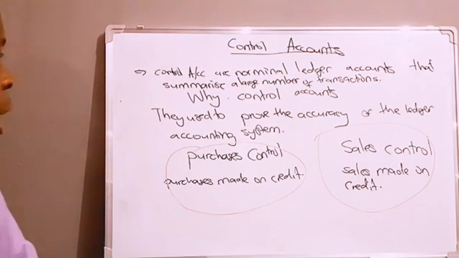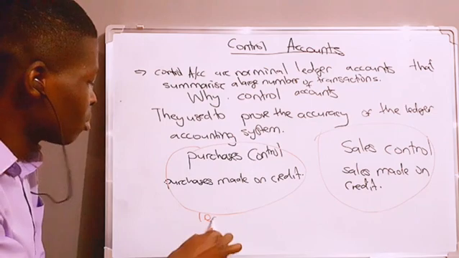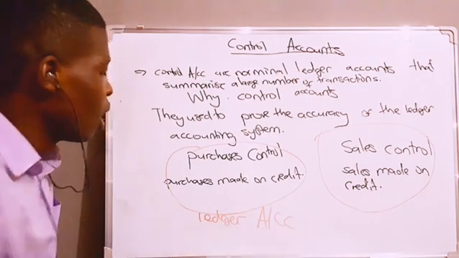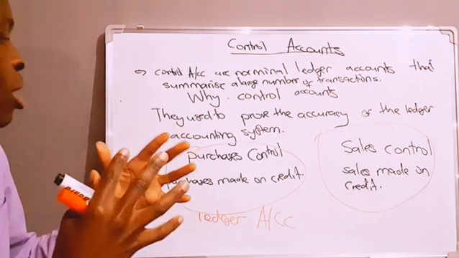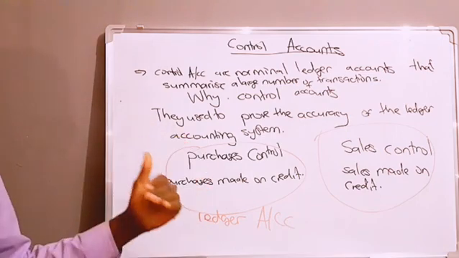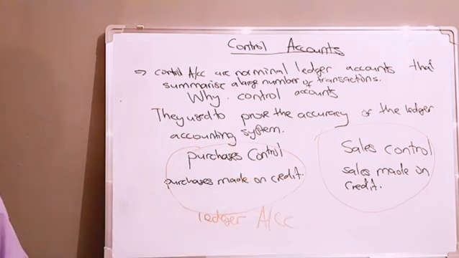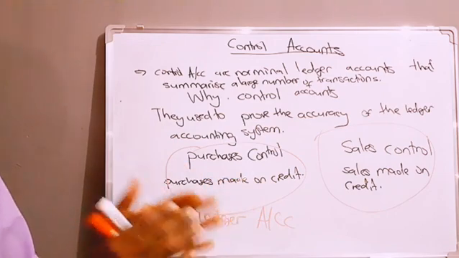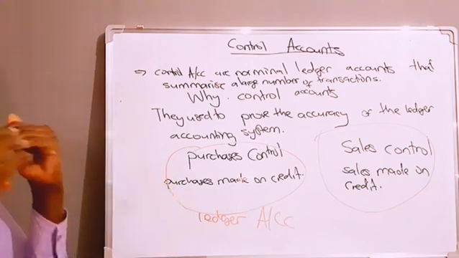Whereas the ledger accounts are single balances. For example, we have customer A, Abel, whatever the name of the customer. Ledger accounts are used to make sure that these customers are kept on track, to make sure that they are going to pay.